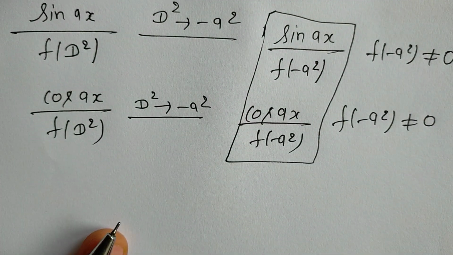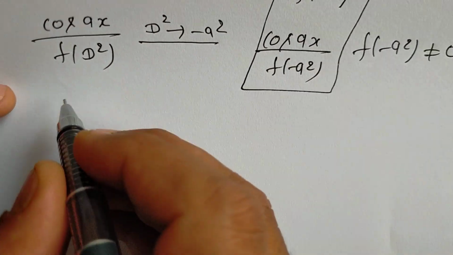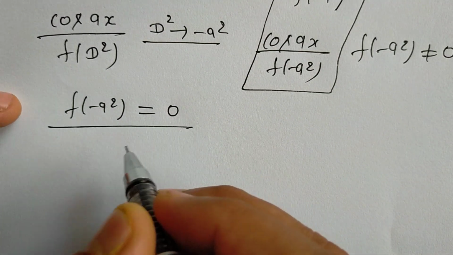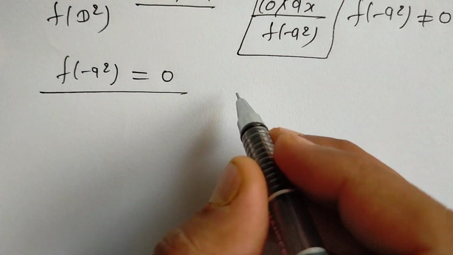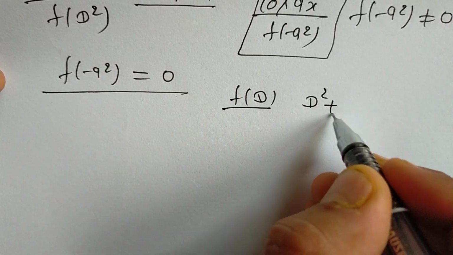Now if f of minus a square equals 0, it means the factor f of D will be of the form D square plus a square.